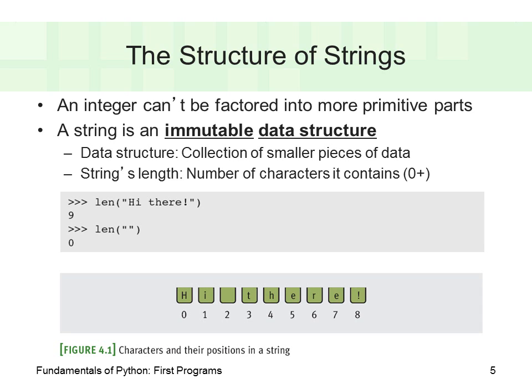Here's a little example of how we could get the length of a string. So we have len as the function name. It's a built-in function. You don't have to do any import. That will give us the length of a given string. Here we have a literal "hi there" in quotes.